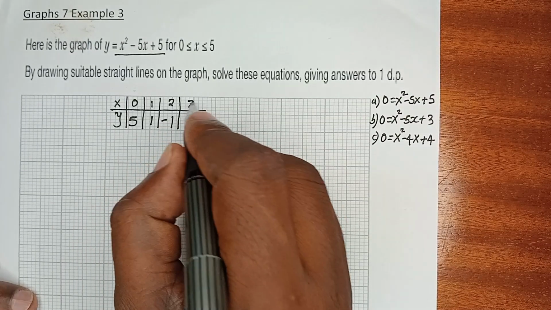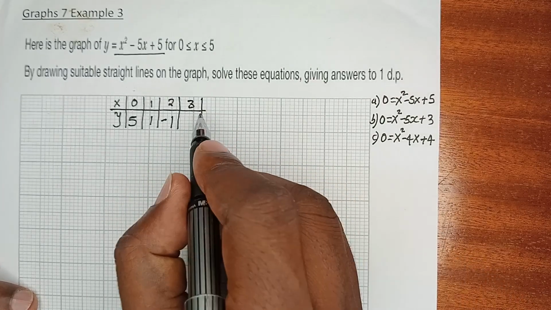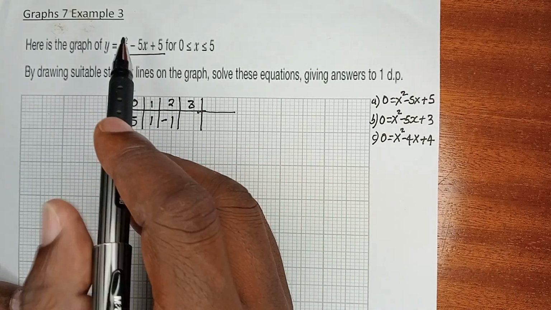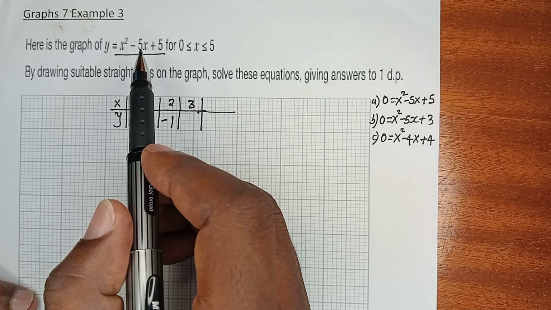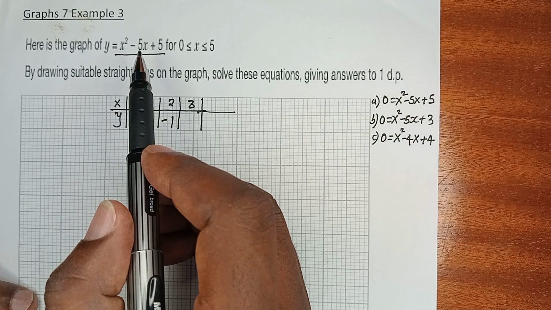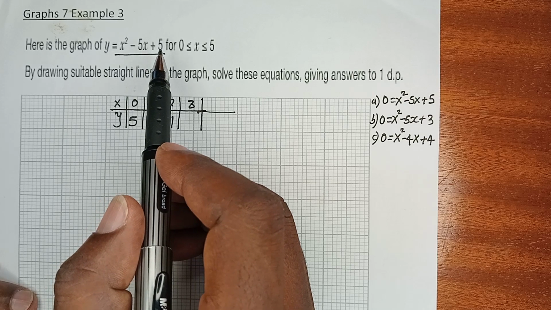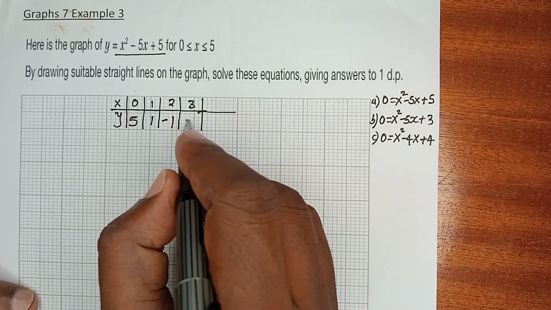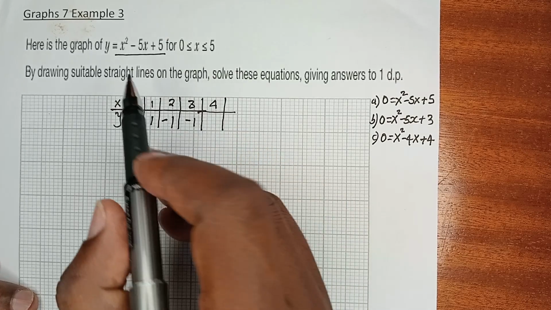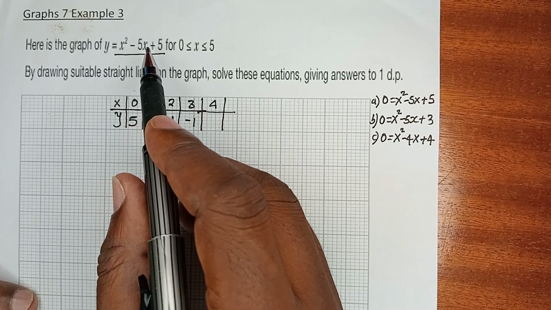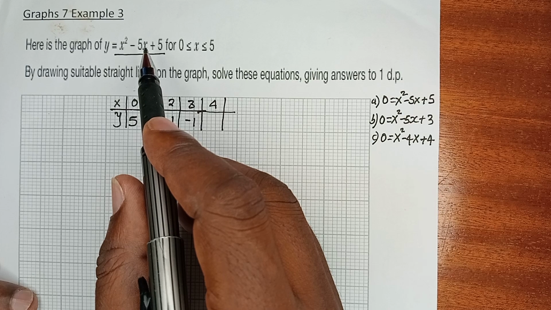When x is 3, let's see what happens. We have 3 squared, which is 9, minus 15. 9 minus 15 is minus 6. Minus 6 plus 5 is again negative 1. What about when x is 4? We have 16 minus 20, that is minus 4.